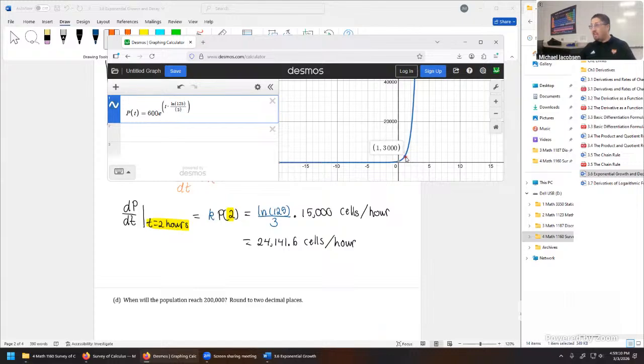We know that there's not going to be exactly an included amount of 24,141.6 cells. What we're saying is it's just going to be the rate at which the population is increasing by. So even in this context where we can't have, say, a decimal amount, we could have this just for a growth rate specifically.